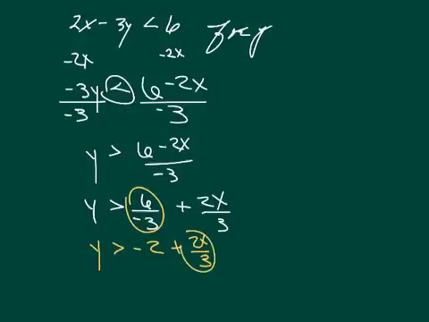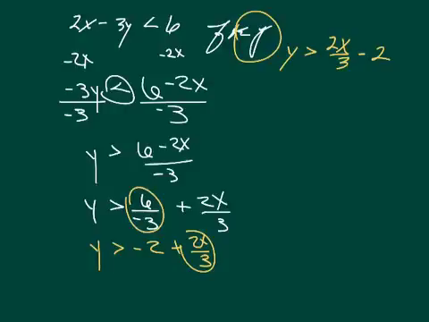And we like to have the x's first, so I'm going to rewrite that as y is greater than 2x over 3 minus 2. So what I did is I just wrote that, solving it for y. And in this case, you don't graph it, you don't write it in set builder notation, you can't. So we'll just leave it alone as our final answer.